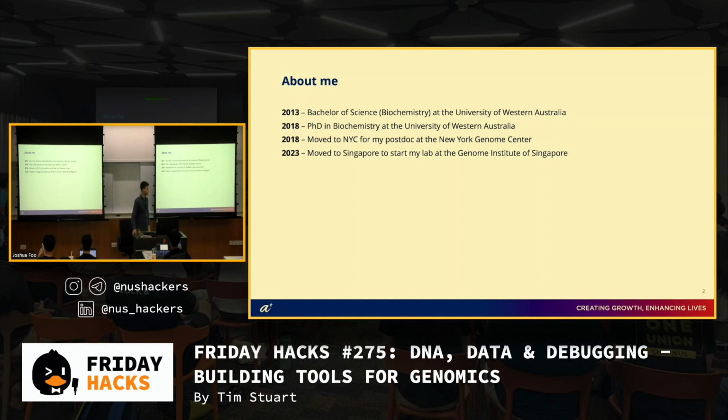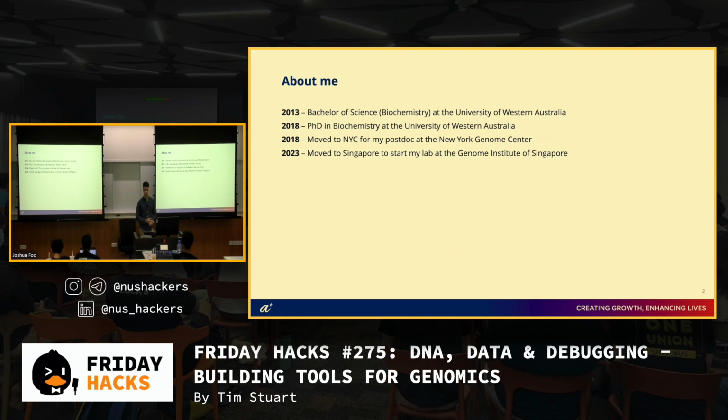Okay, so I thought I'd start with a little bit about my background. Originally from Australia, I studied there and did my degree in biochemistry. During my PhD, I worked on genomics, and through analyzing data I was learning programming.